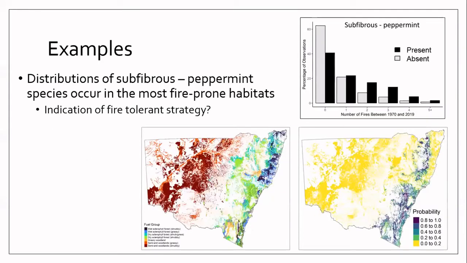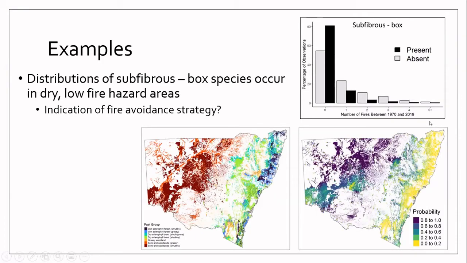I found that the distribution of subfibrous peppermint species was the most likely to occur in the more frequently burned areas of 3 or more fires, which may indicate that because it's rough barked and not smooth barked, it's not trading off in favor of photosynthetic capacity, which means it is growing bark in order to protect the stem from something. But because it's occurring in the more fire-prone habitat, this may be an indication of a fire-tolerant strategy.